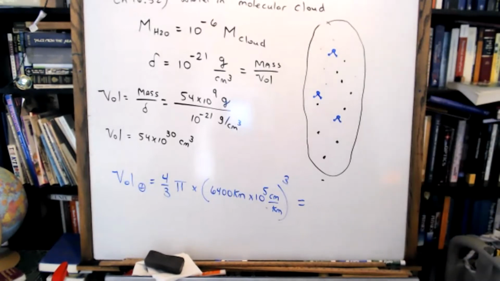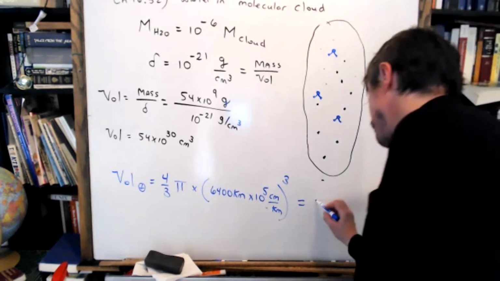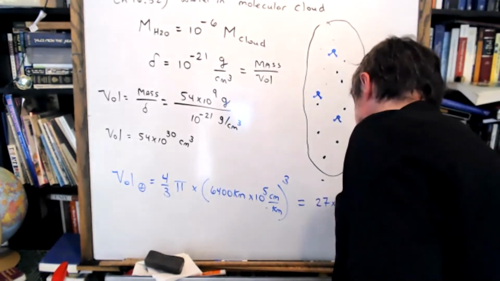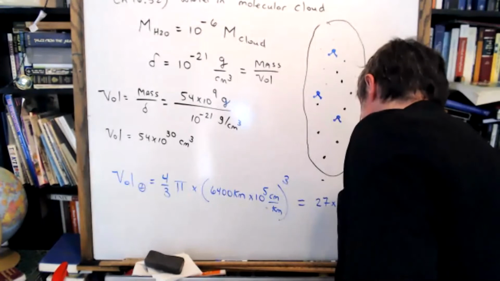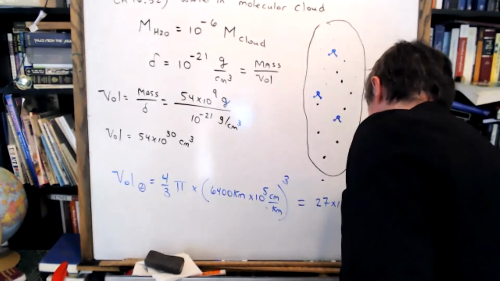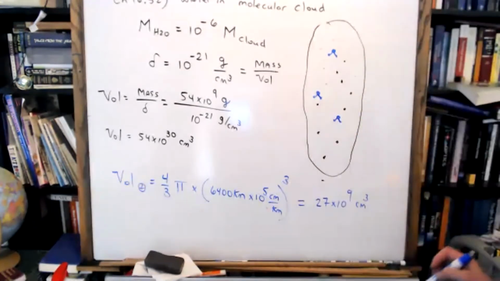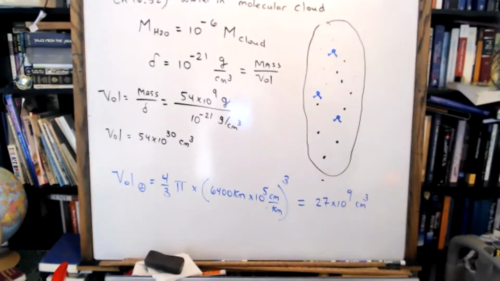Shout at me, people. 27 billion cubic centimeters. So 30 versus 60 is a factor of 2, right?